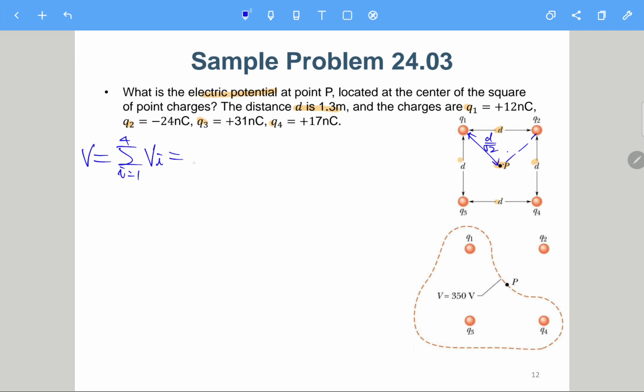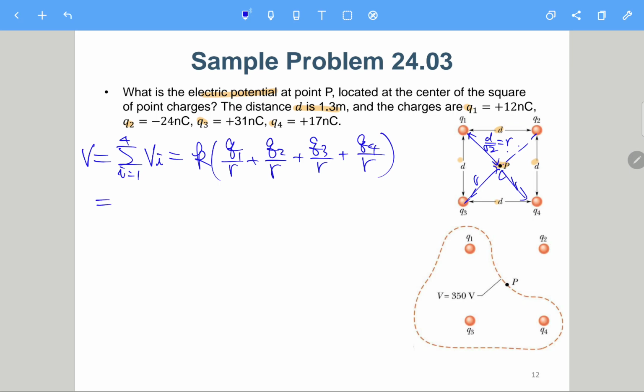So it will be nothing but k times the summation of Q1 over, maybe we can call this R. So Q1 over R plus Q2 over R plus Q3 over R plus Q4 over R. Because all the distances between P and Q1, Q2, Q3, and Q4 are all R, which is actually d over square root of 2.